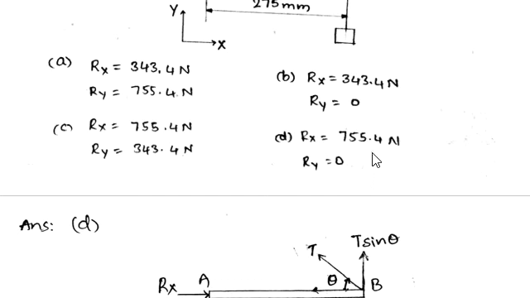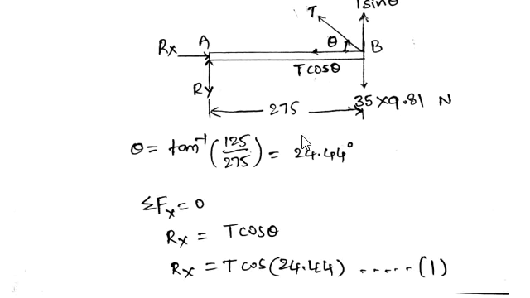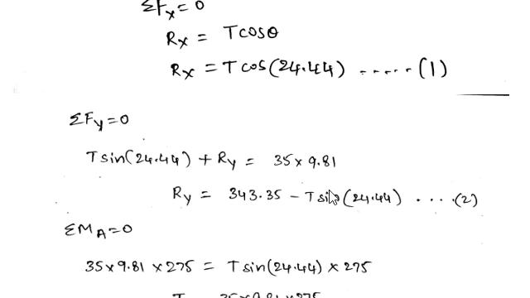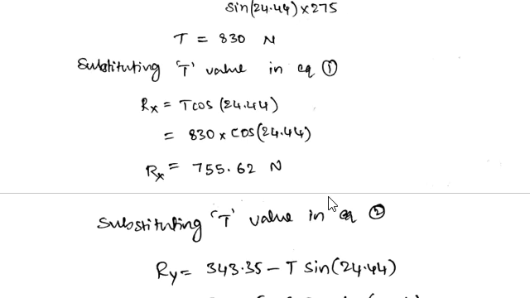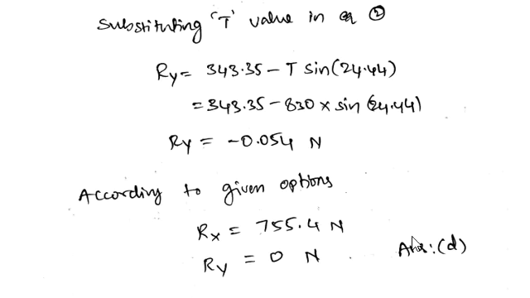Option D has Rx as 755.4. The change is because in the calculations we have rounded values at some places, theta and T. So we have to choose the nearest option. Option D is the nearest option, so option D is the right option here.